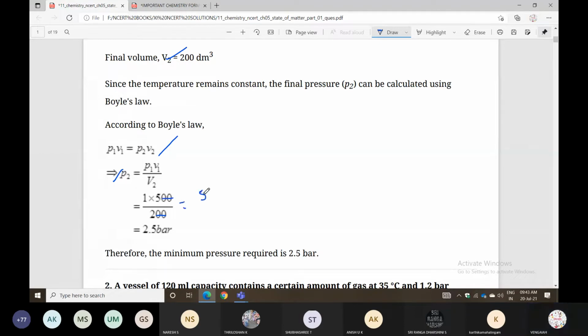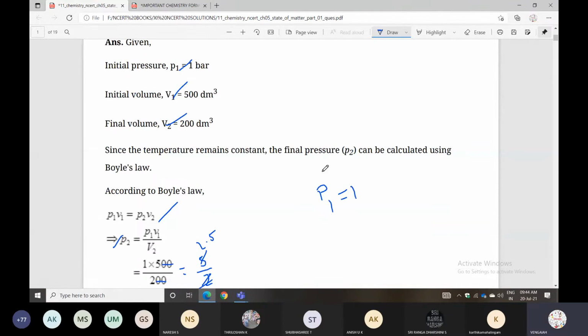That's all. One more point, listen, I will explain clearly. P1 is 1 bar. V1 is 500. V2 is 200 is given. Then what will P2 be? I will tell you one logic here.